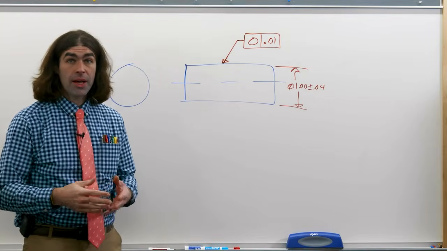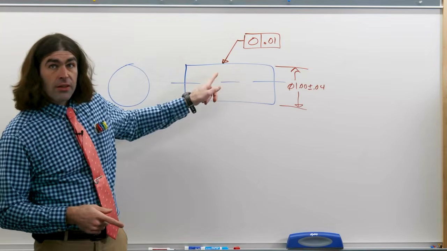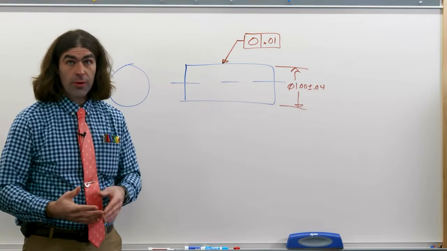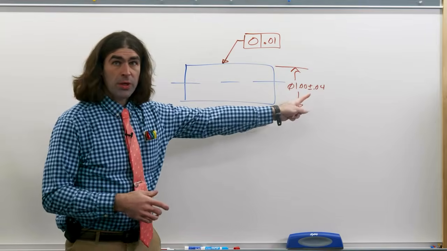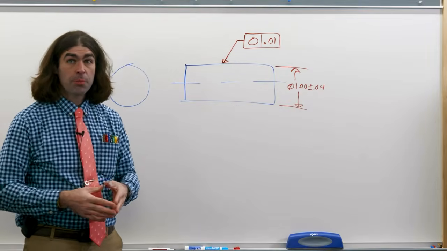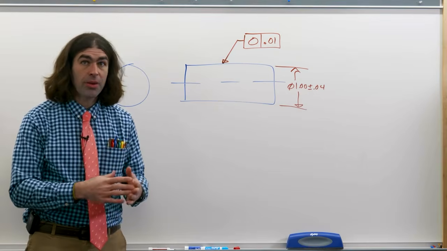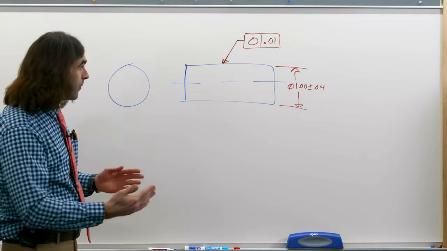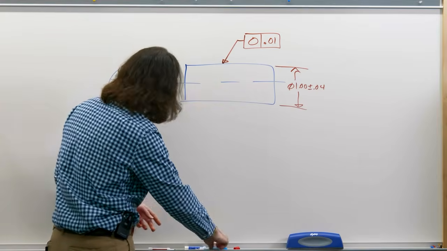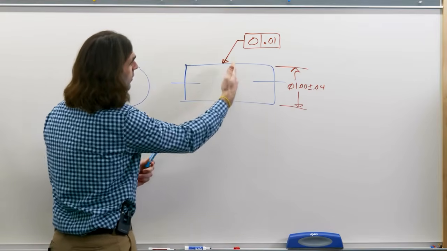Circularity tolerance will be applied with a leader line to the surface, and this is the only way it should be applied. In previous versions of the standard, you could put it with the dimension, but that gets confusing because circularity does not apply to a feature of size. It applies to the surface of the cylinder. So it's saying that at every cross section, right?